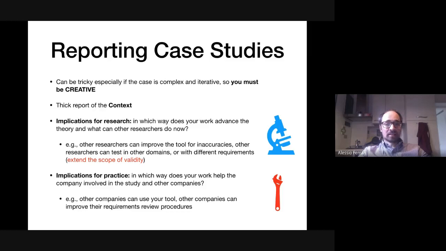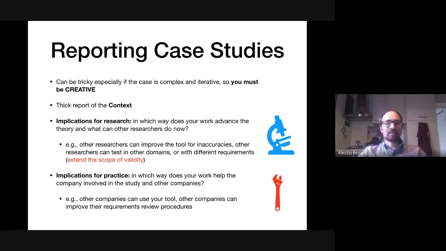Reporting case studies. As we suggested, we must be creative, because case study is complex and iterative. The thing that you should remember is to provide a thick report of your context.